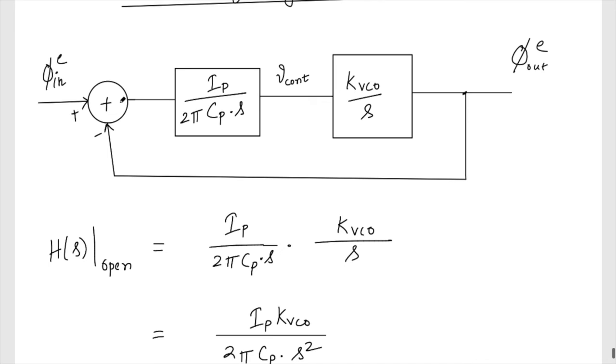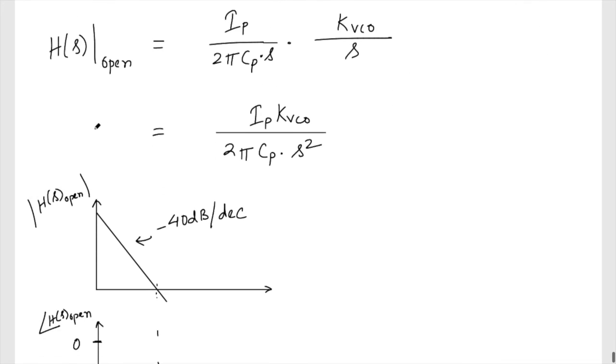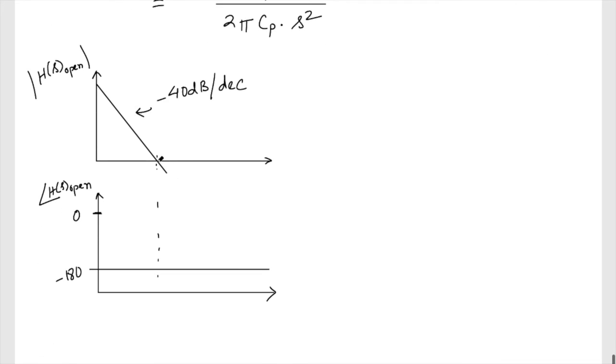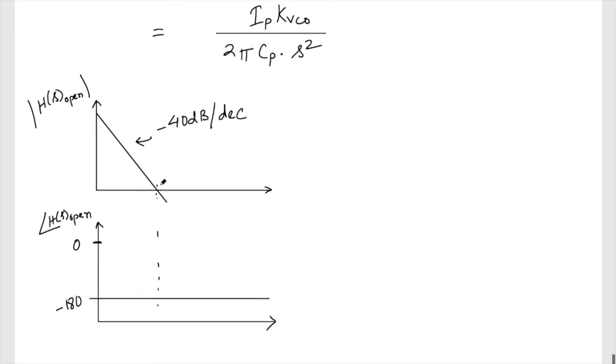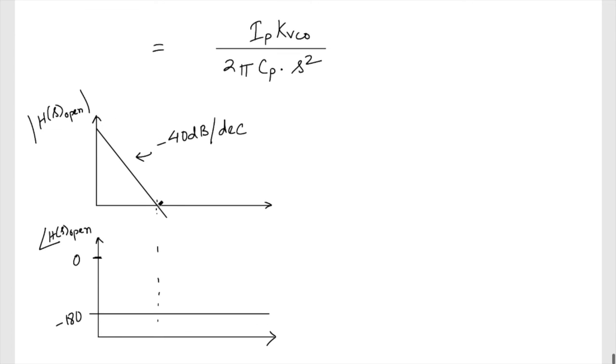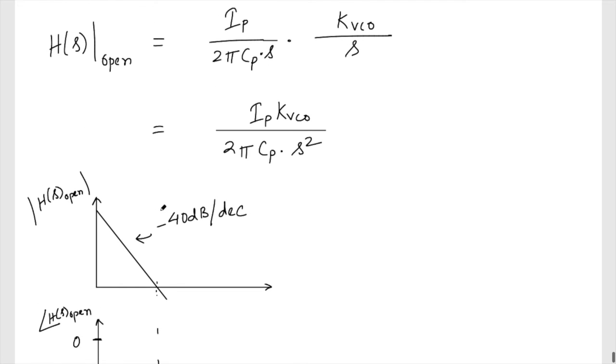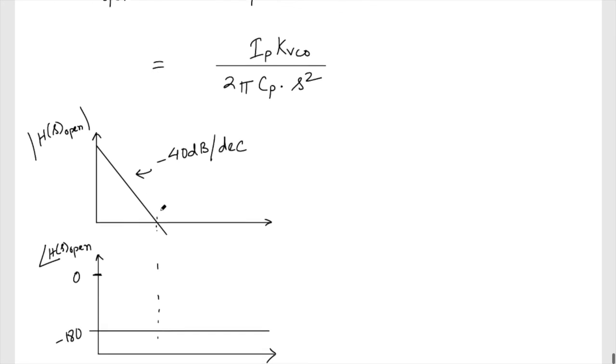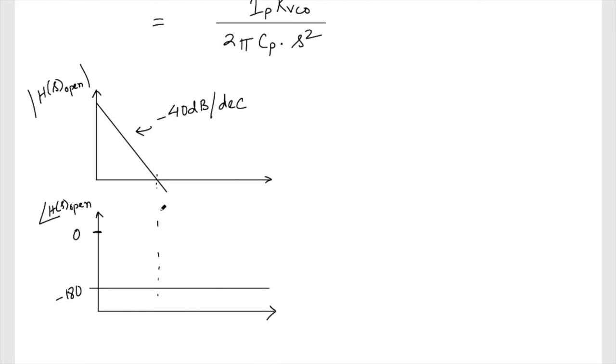That means the total will be 360 degree, and because of which the system is going to oscillate at this point, which is the unity gain frequency, UGB. So at this frequency it is going to oscillate. This is the problem with the type 2 PLL.